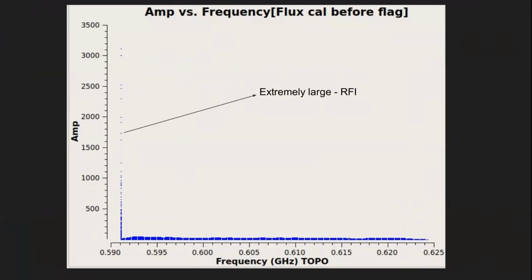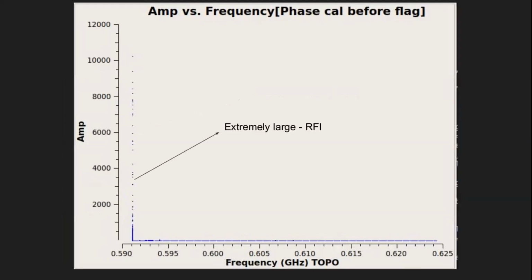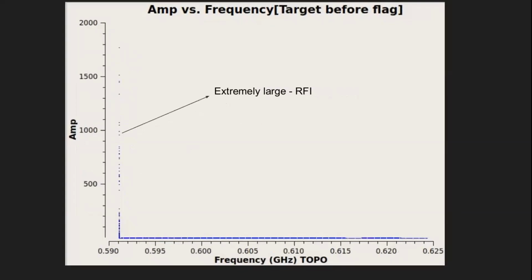I have also plotted the phase calibrator, which again shows something is wrong, and then the target before flagging, where the amplitude scale is very high, indicating leftover RFI in your dataset.